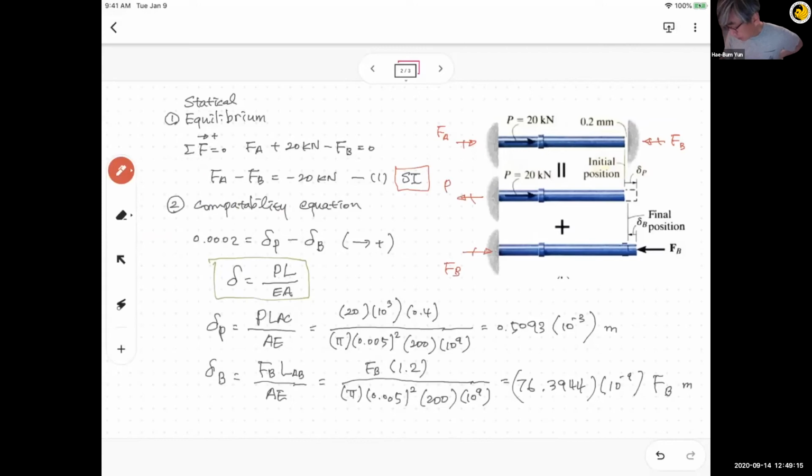But the reason I didn't include FB here and FP here is that for the compatibility equation, I don't use the equilibrium condition of these two. I only use the equilibrium condition for this. Okay, so good.